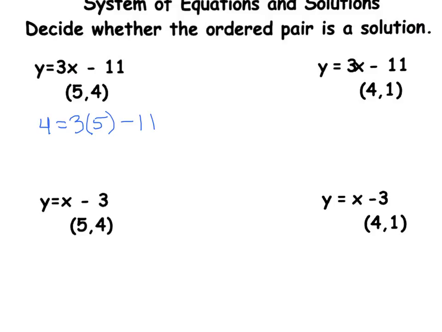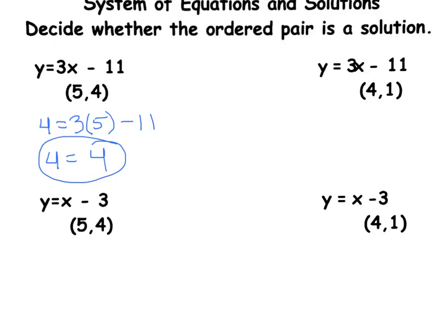Well, 3 times 5 is 15, so 15 minus 11 is 4. Okay, it's true. So this works for this equation. That means that I got the answer correct.